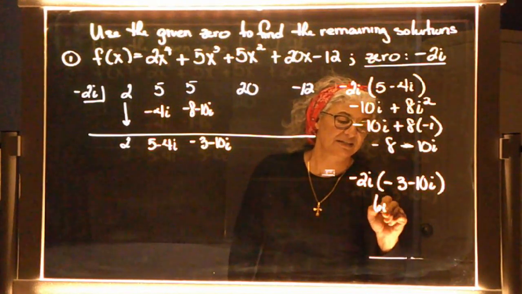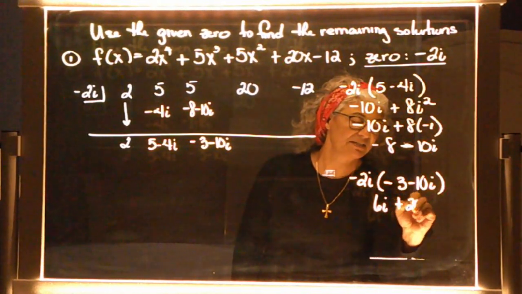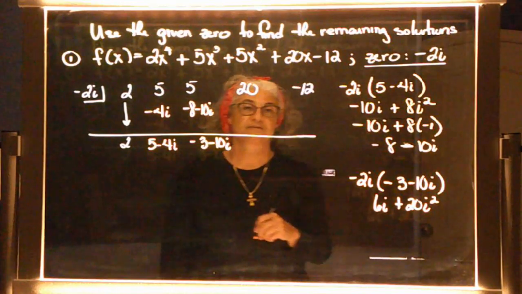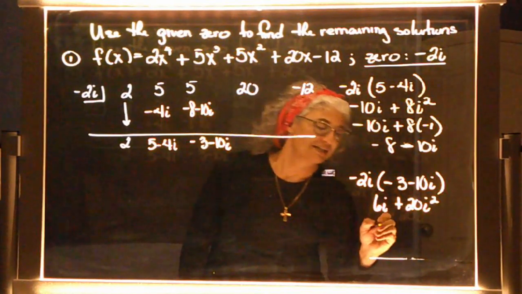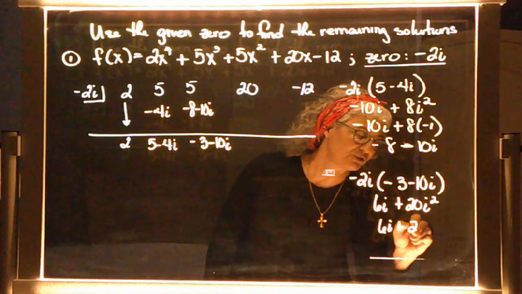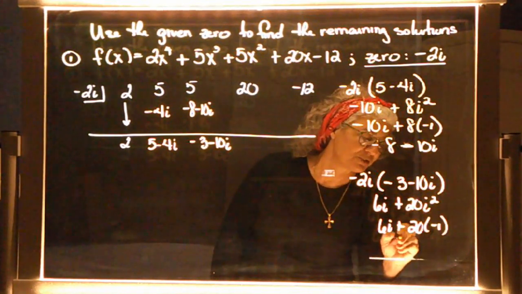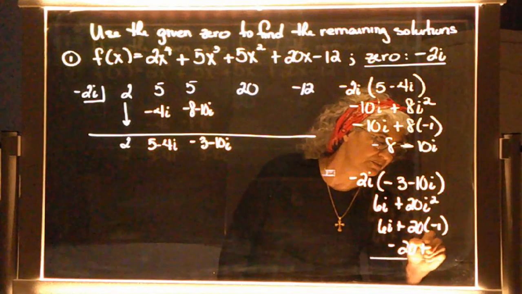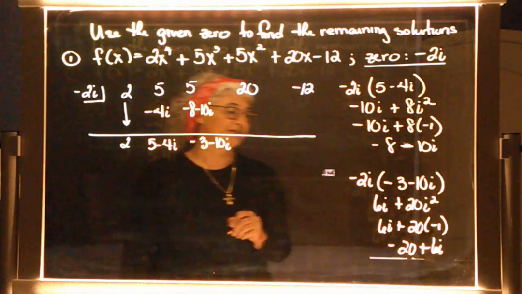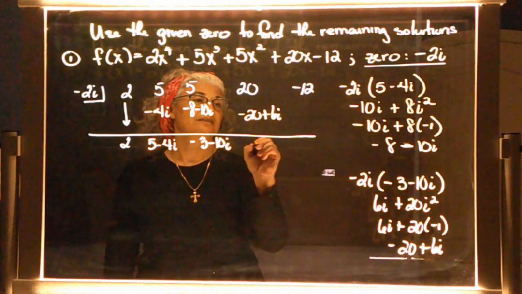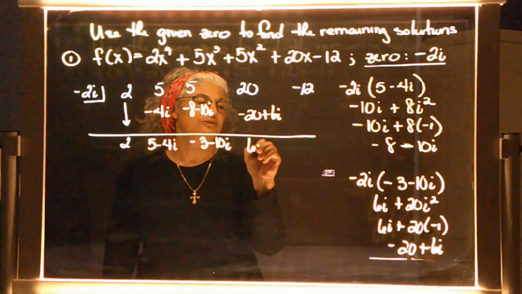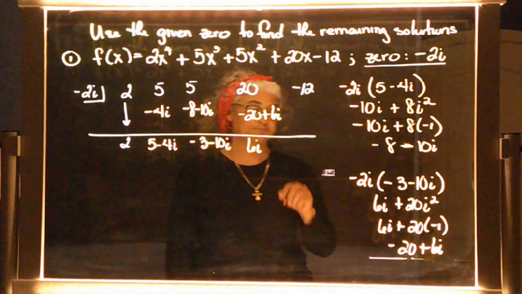All right, let's multiply. Looks like we get 6i plus 20i squared. But remember what i squared equals. Yeah, i squared is equal to negative 1, which means I have negative 20 plus 6i. Ooh, the 20s cancel. That's cool. So I just got 6i.